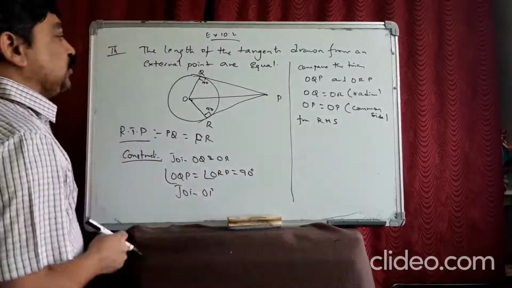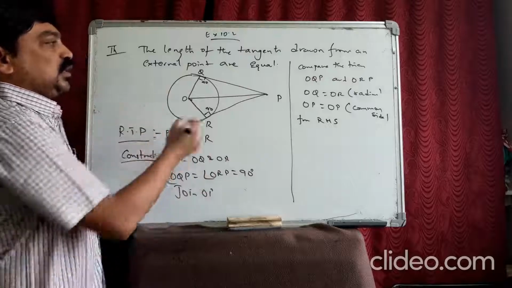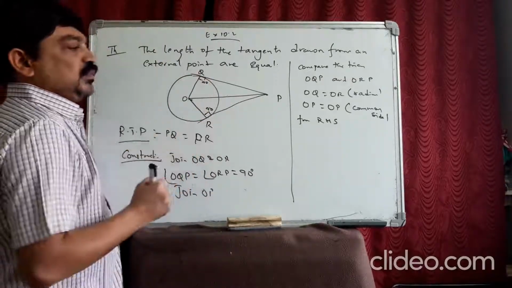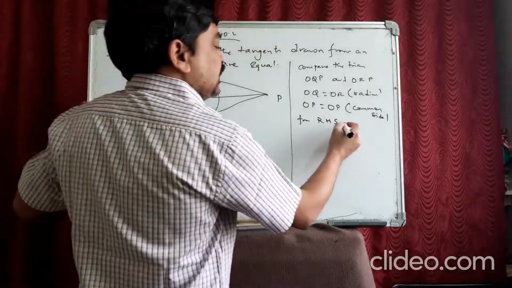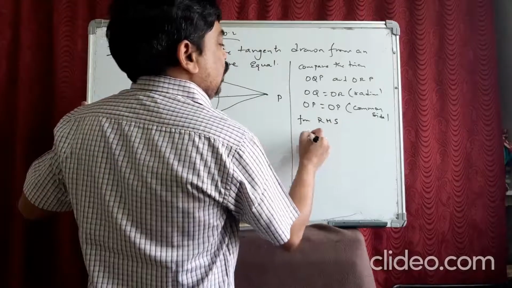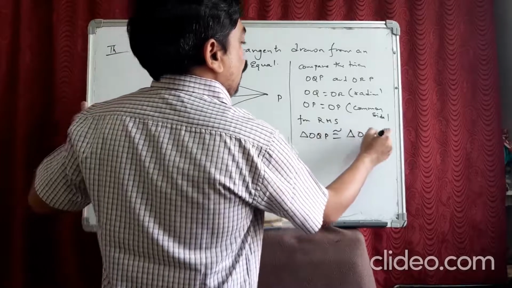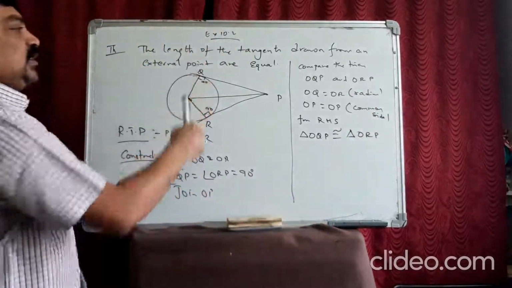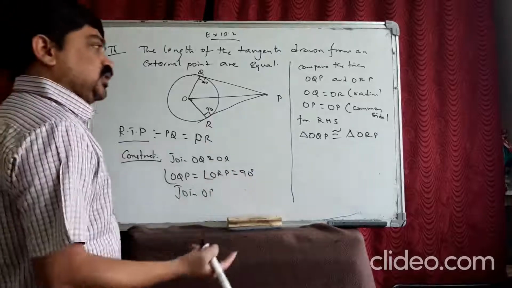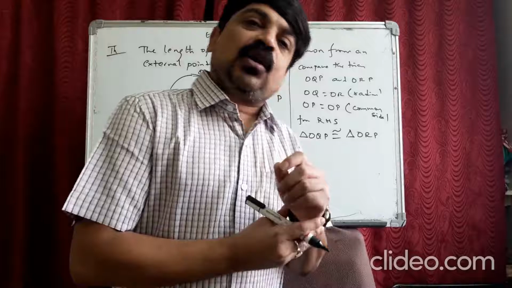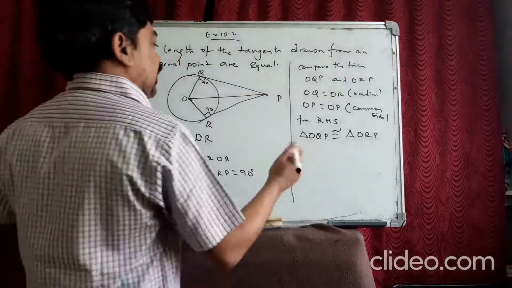Here, what is the hypotenuse? OP is the hypotenuse. So the hypotenuse is the same for both of them, and one side of the triangle is also the same in both. Therefore, triangle OQP is congruent to triangle ORP. When triangles are congruent, all the angles are equal, and similarly all the sides are also equal.